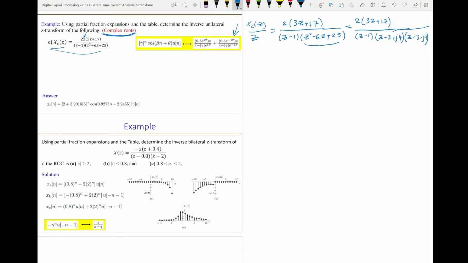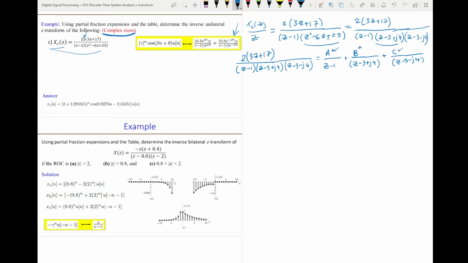Now, if you are comfortable with complex numbers, we can factor out these as follows. Now we can follow the same steps as before to find A and B and C.